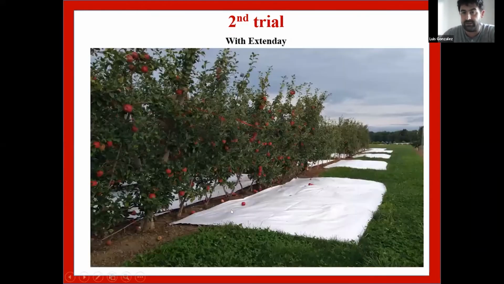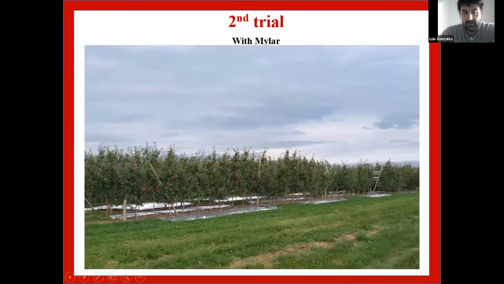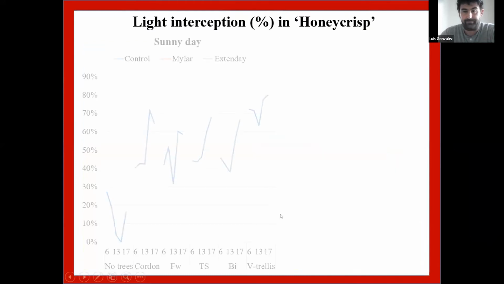This is the orchard that we evaluate. With Extenday, you can see this is the V-trellis system. The trees are planted with a slope, and the other systems are vertical systems, and this is the treatment with Mylar.